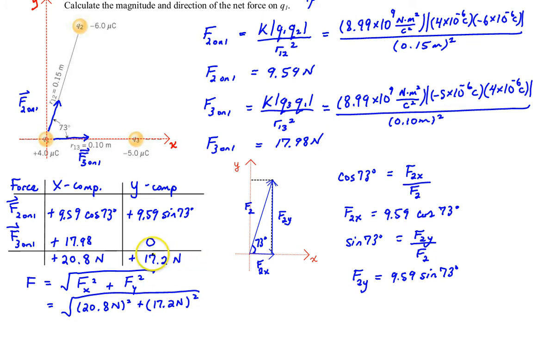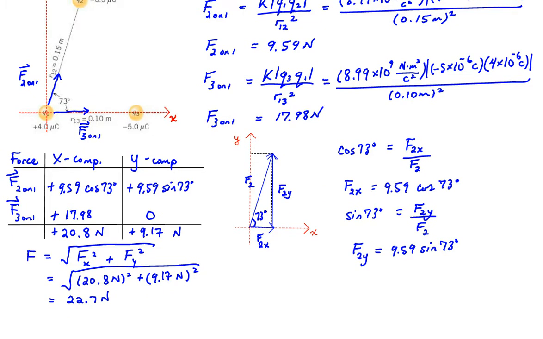Let's recalculate that. That should actually be 9.17 newtons here. And then here we'll put 9.17 newtons. Re-inputting this into my calculator, I'll get an answer of 22.7 newtons.